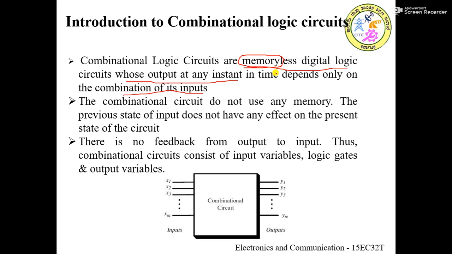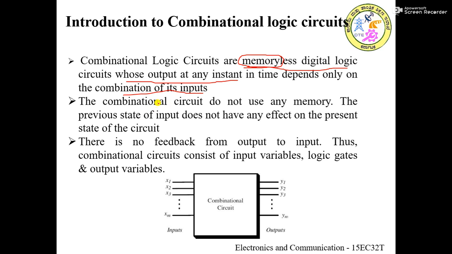The events and the previous history are stored in the memory. But here, as the combinational logic circuits are memoryless logic systems, in the sense they don't have the past history information, at any time their output depends only on the combination of inputs.